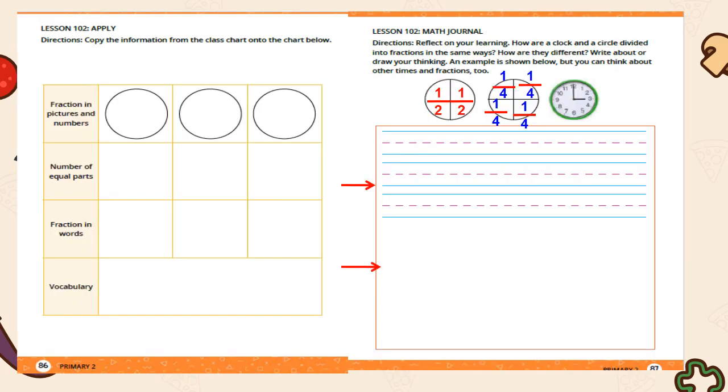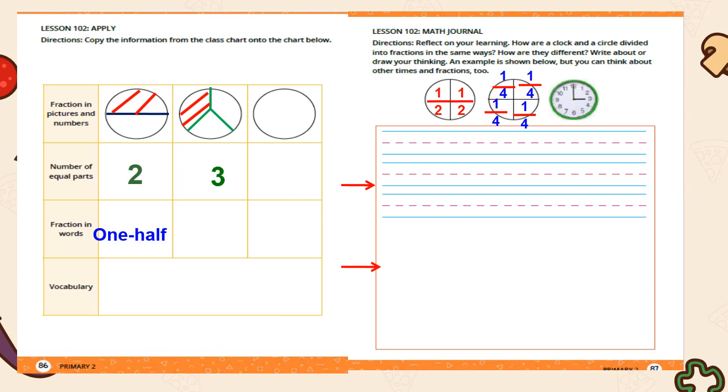The apply part copies the information from the class chart onto the chart clue. So, if we divide the first circle into 2 equal parts, the number of equal parts is 2. The fraction here will be 1/2. Next circle, if we divide it into 3 equal parts, the number of equal parts is 3.